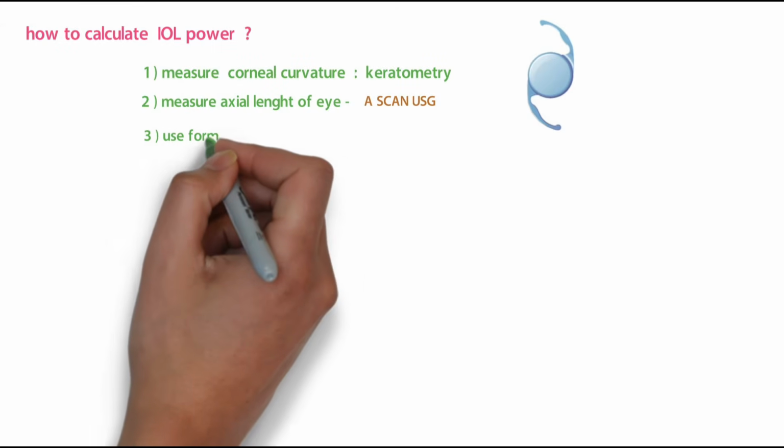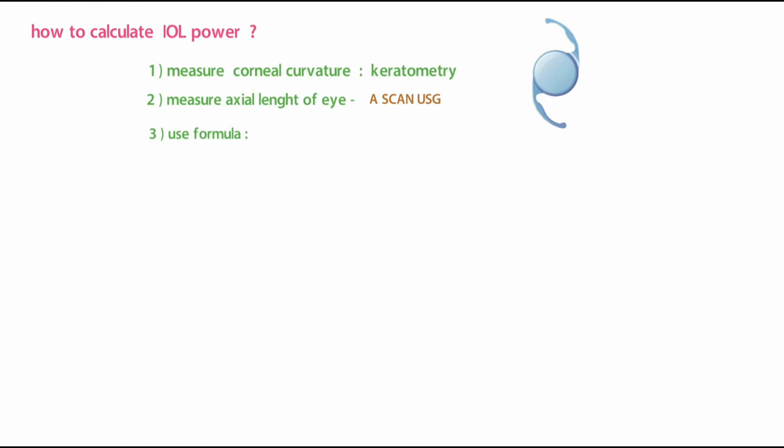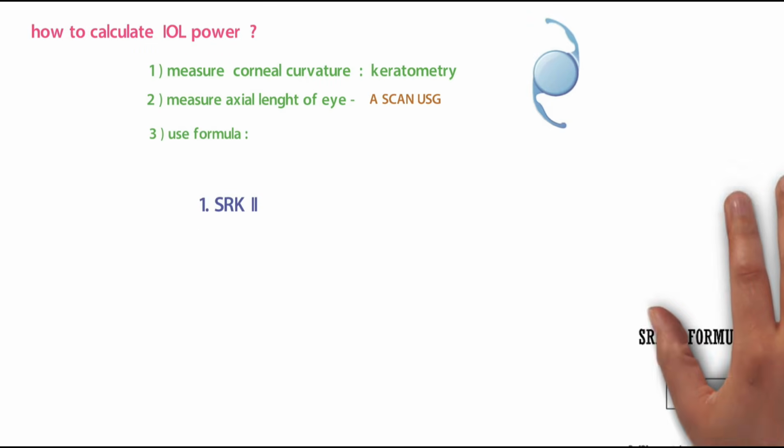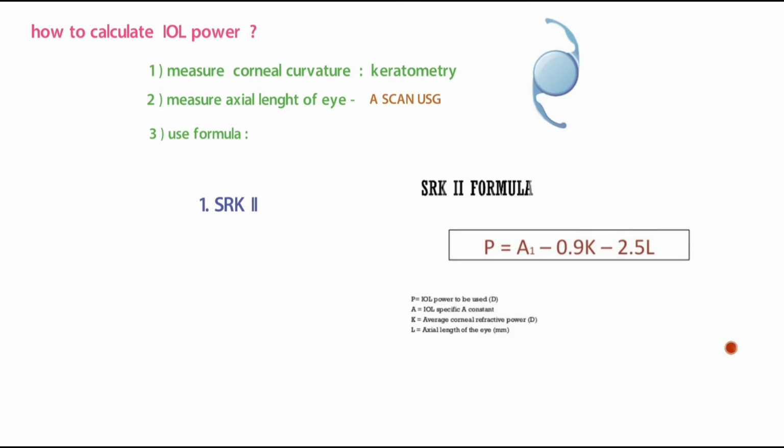The most commonly used formula for the calculation of intraocular lens power is the SRK2 formula, in which P stands for the intraocular lens power, A stands for the A constant of the intraocular lens, K stands for the power of the cornea, and L stands for the axial length of the eye.